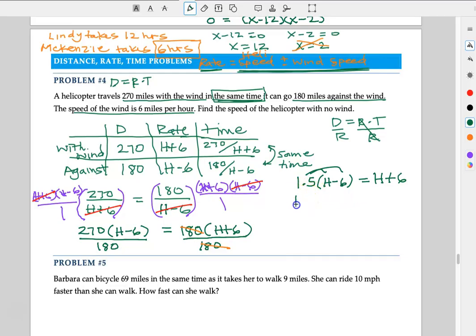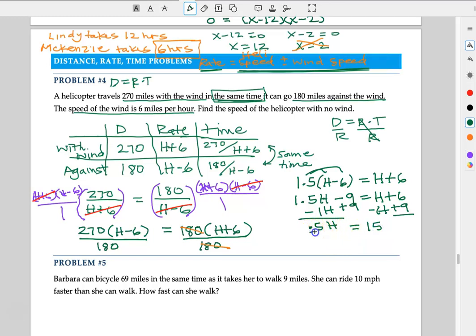So 1.5h minus, so what's 1.5 times 6? Be 9. Uh-huh. And then equals h plus 6. All right, so let's subtract this h over here, like we're subtracting 1h over. So that just gives me 0.5h. And then I need to add the 9 over to the other side, and that is going to give me 15.